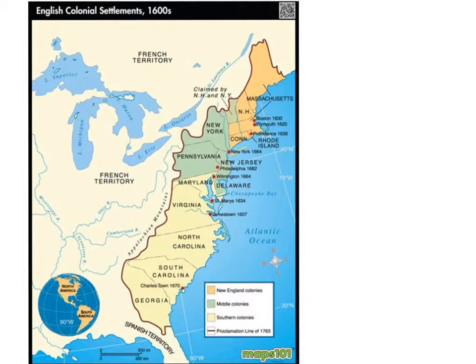In addition to differences in natural geography, there were also differences in the early colonists who went to each of the colonies.